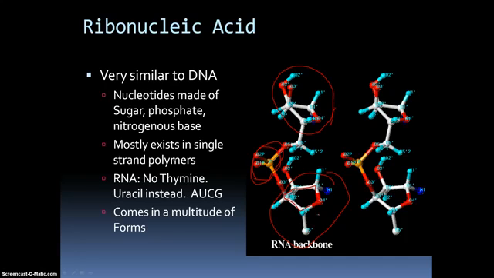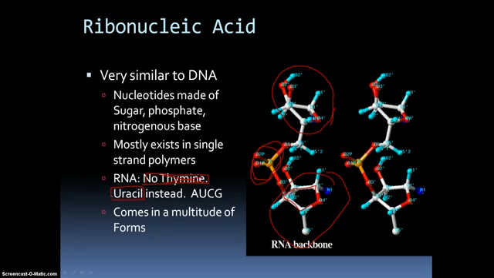Now, there's one huge difference between DNA and RNA, and that huge difference is right here. RNA, no thymine. There is no thymine in RNA. Instead, there is a nucleic acid known as uracil.